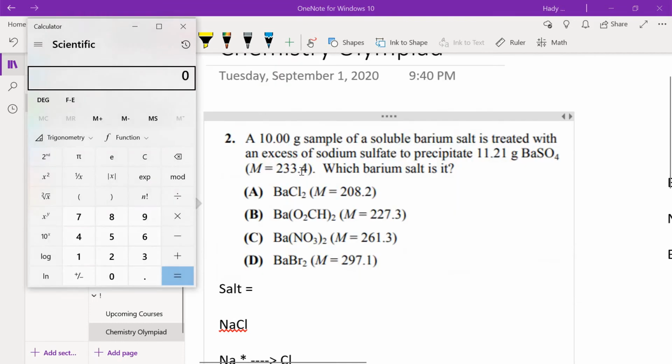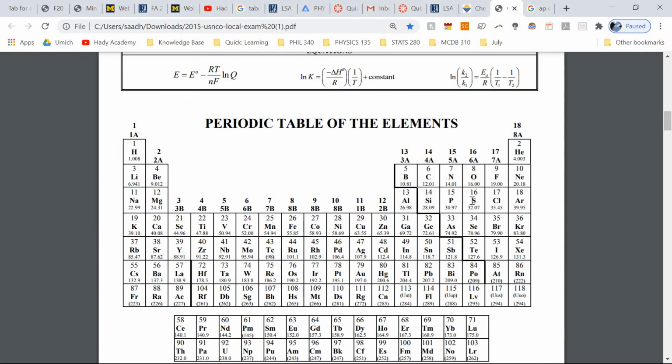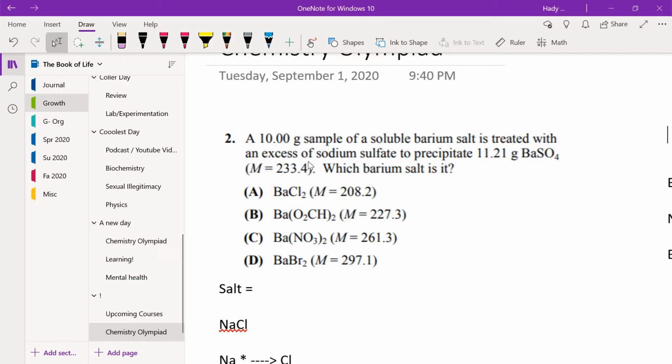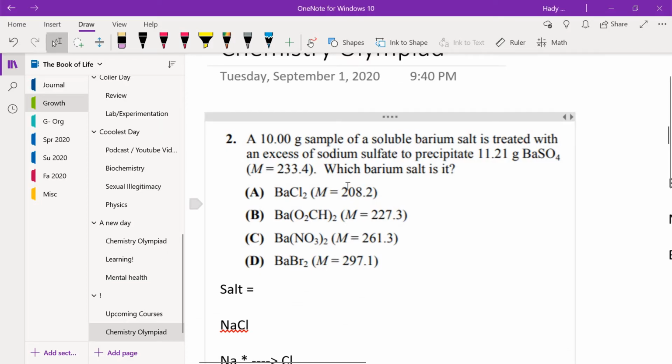I think I did that kind of correctly, at least. Oh, 0.37, whoops, I just didn't add this correctly. So it matches, because I got 233.37, and that's 233.4, they just rounded.